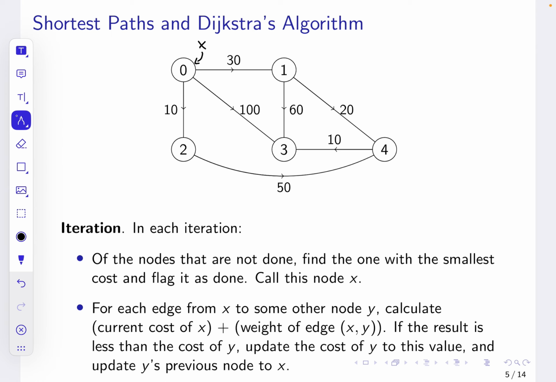And then for every edge from x to another node, call whichever node you're thinking of currently y. Calculate the current cost of x plus the weight of the edge leading to y. And if the result is less than the cost of y, update the cost of y to that value and update y's previous node to x.